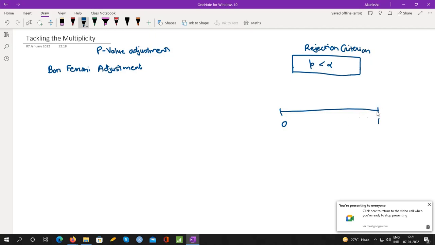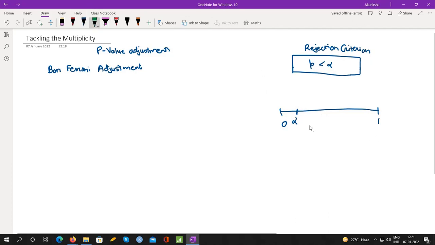This is the entire possible range of p values, and somewhere here suppose I have alpha. The diagram is not proportionate, but still somewhere here I have alpha. Currently this is my rejection region, correct? I want to reduce false positives, which means I want to reduce false rejections.